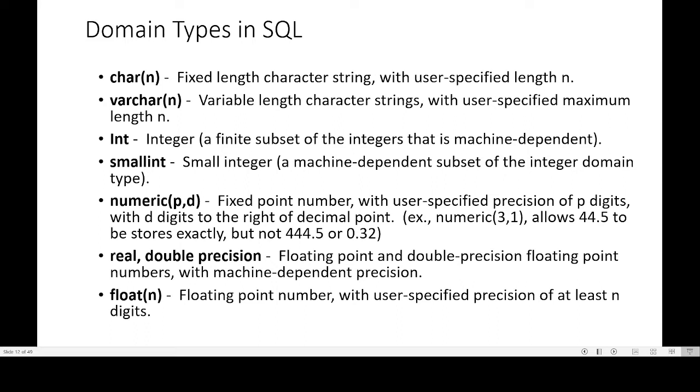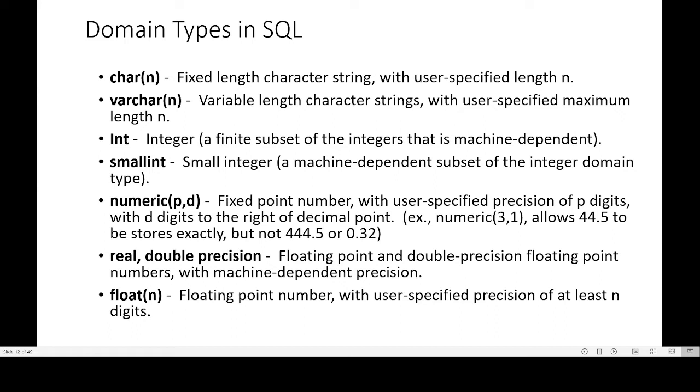Then we have another one which is numeric. Its format is like this: numeric(p, d). Here p represents the number of digits of that particular number and d represents the number of digits to the right of the decimal point.